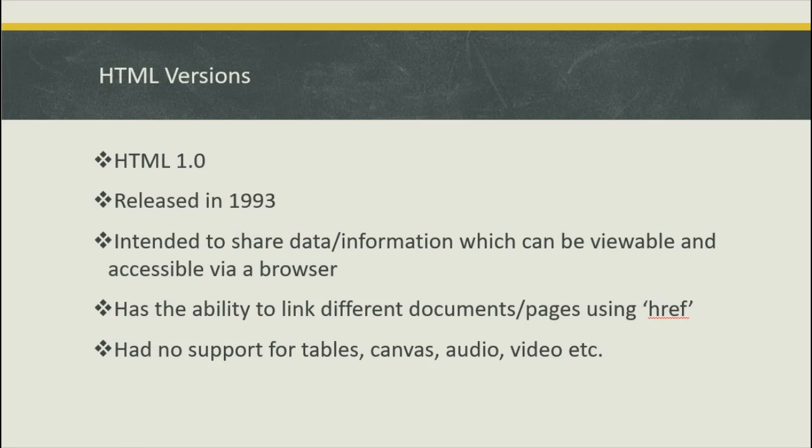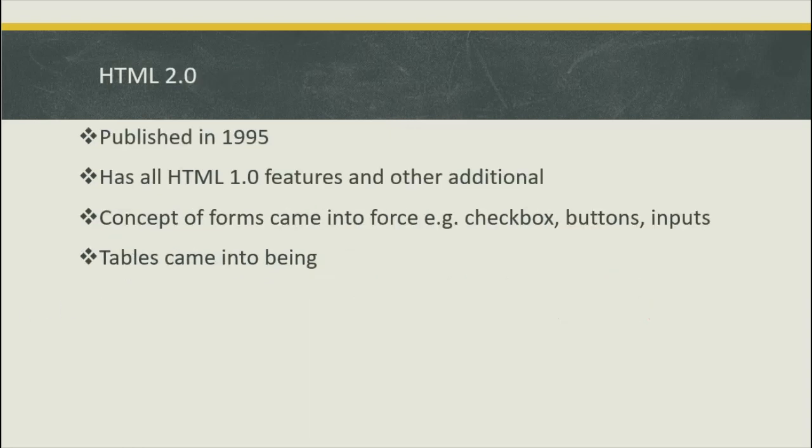Then we move on to HTML 2.0, which was published around 1995, and it has all the HTML 1.0 features and other additional features that were added to it. So this version brought the concept of forms, right?